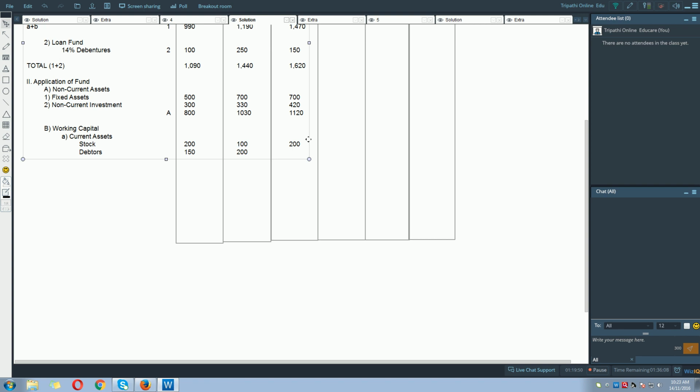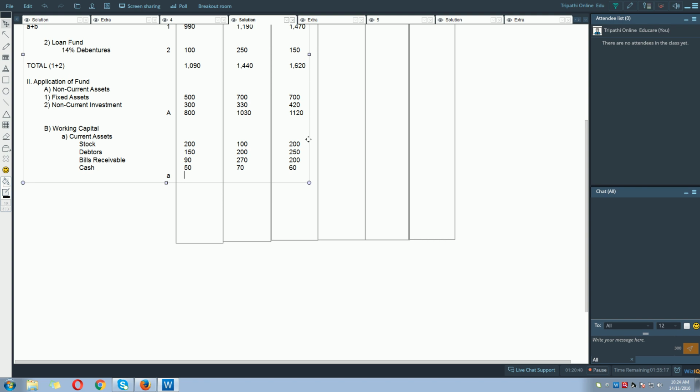Now we'll go for B, that is working capital, and in this the first item A, current assets. The stock 200, 100, 200.